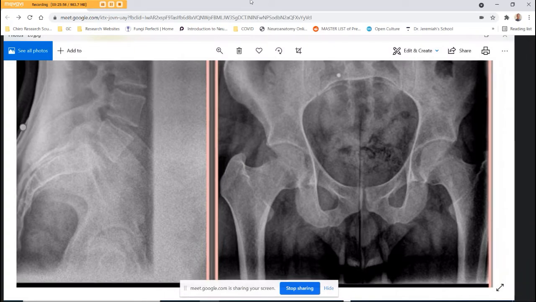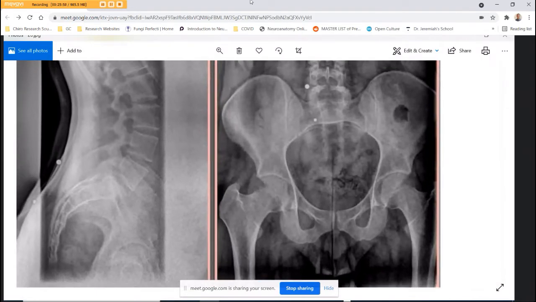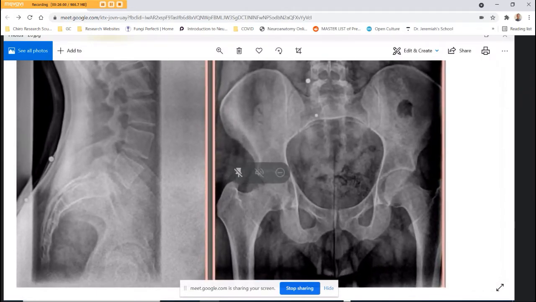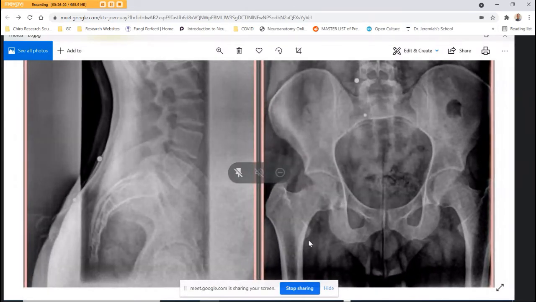So you always want to watch that. Another thing to look at is the size of the lesser trochanters, because if one is much larger than the other, then that could indicate rotation as well.